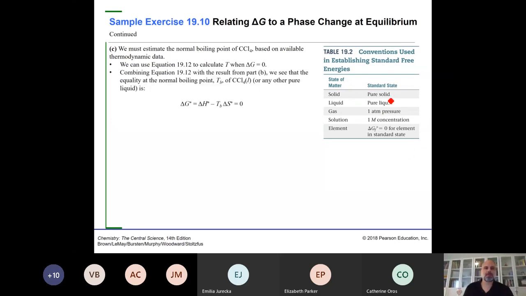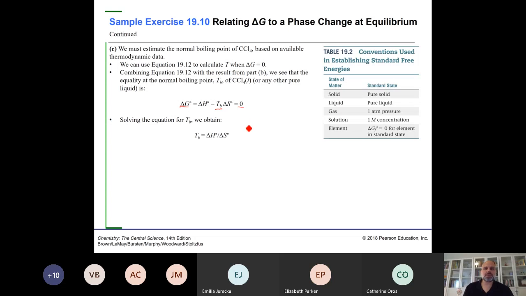So we'll combine equation 19.2 with the result from part B. We see that at the normal boiling point, temperature, we're going to call this temperature boiling now, of carbon tetrachloride or any other pure liquid, delta G is equal to 0, right? So whenever we have our delta G at its boiling point, it's always going to be equal to 0. So this will help explain why free energy is 0 at the boiling points and melting points, right?